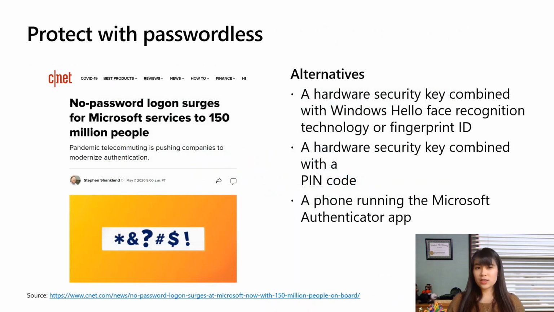The good news is more and more people are going passwordless, and alternatives we offer to them is a hardware security key combined with biometrics, or a hardware security key combined with a PIN code, or a phone running the Microsoft Authenticator app. Which one sounds the simplest, the easiest? An app, isn't it? So let's say we can secure ourselves using the Microsoft Authenticator app within a minute.